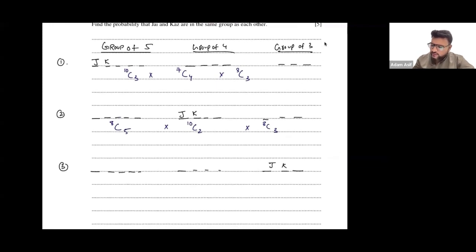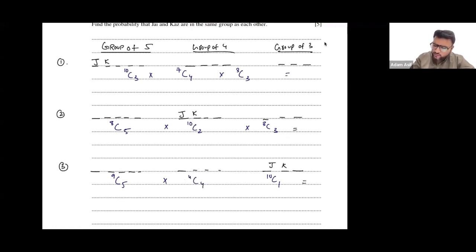If they are in a group of 4, then out of the remaining 10 people, any 2 people can go in the group of 4. And out of the remaining 8 people, any 5 people can go in the group of 5, and out of the remaining 3 people, all 3 are going to go in the group of 3. And if J and K are in the group of 3, then out of 10 people, any 1 person can go in the group of 3. That can be done in 10C1 ways. And out of the remaining 9, any 5 people can go in the group of 5, and the remaining 4 people will go in the group of 4.